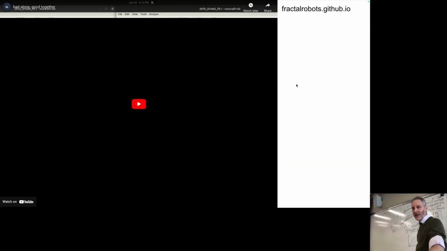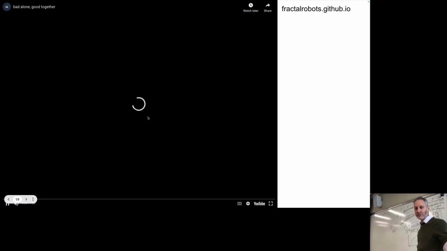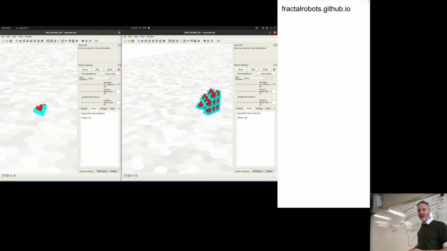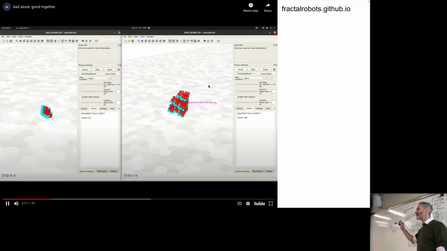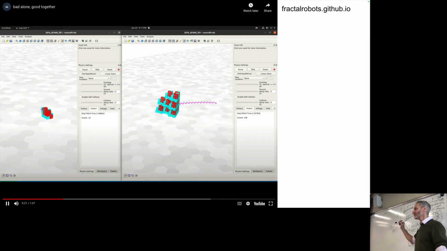Here is a second fractal robot. A different genotype, a different CPPN that's going to paint a soft robot, which again you see on the left here. And then the way in which that CPPN paints individual voxels, we ask it to paint the same structure again, but now instead of painting with voxels, it's painting with this.